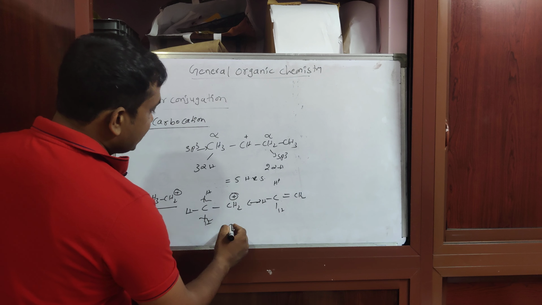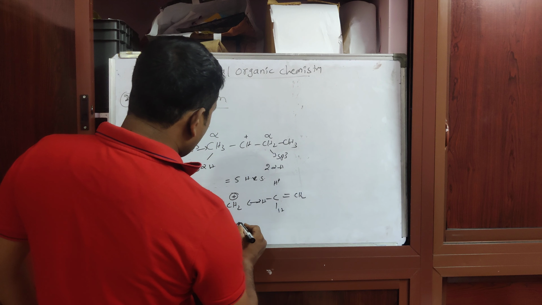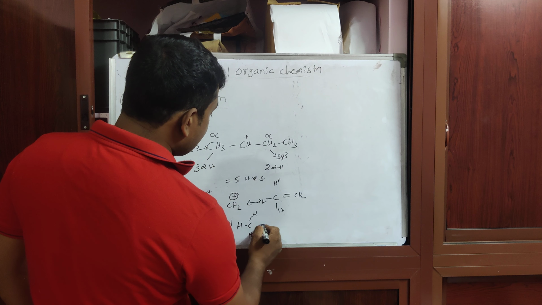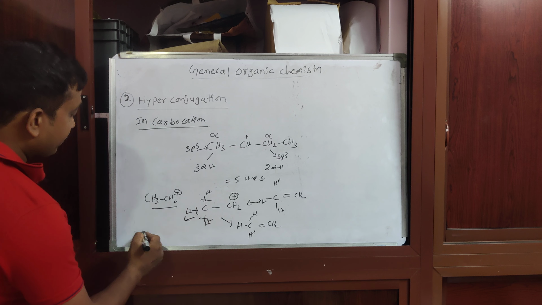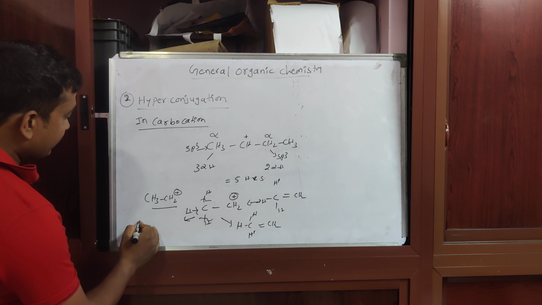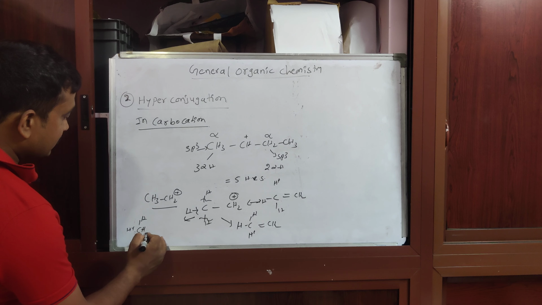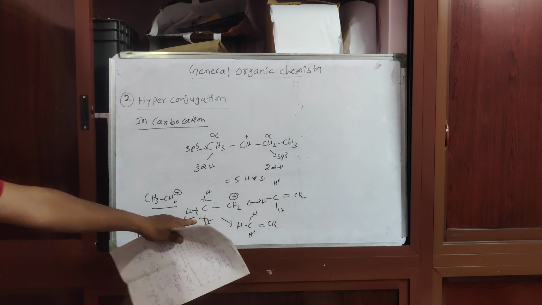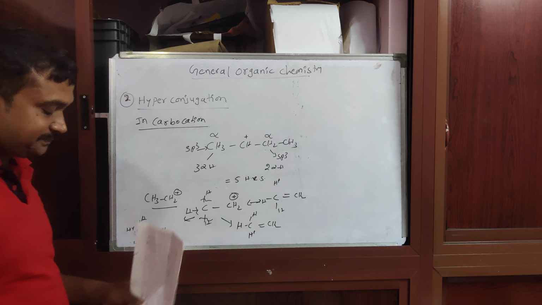If you break this one, it will form H plus and a double bond CH2. If you break this one, it will form H plus and a double bond CH2. This is the mechanism. It will form the hyperconjugation structures.